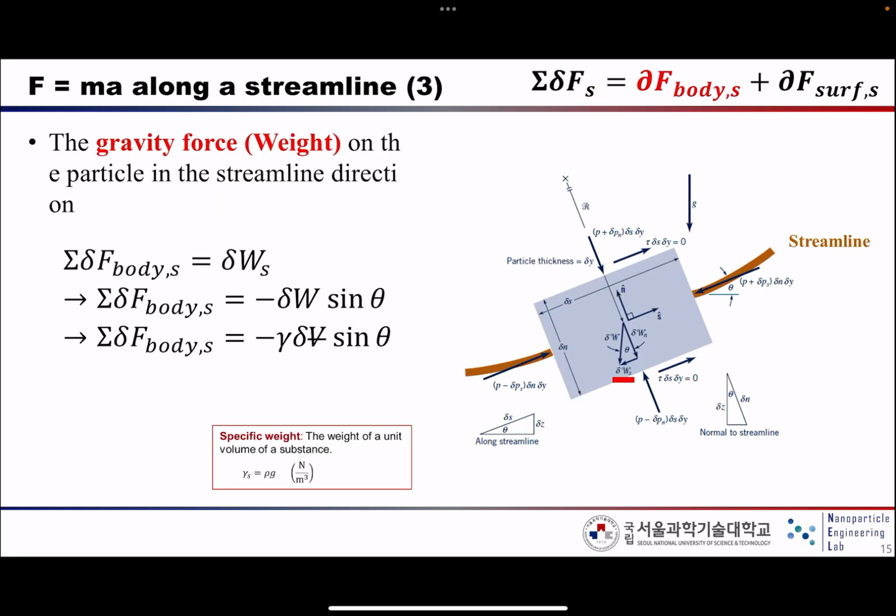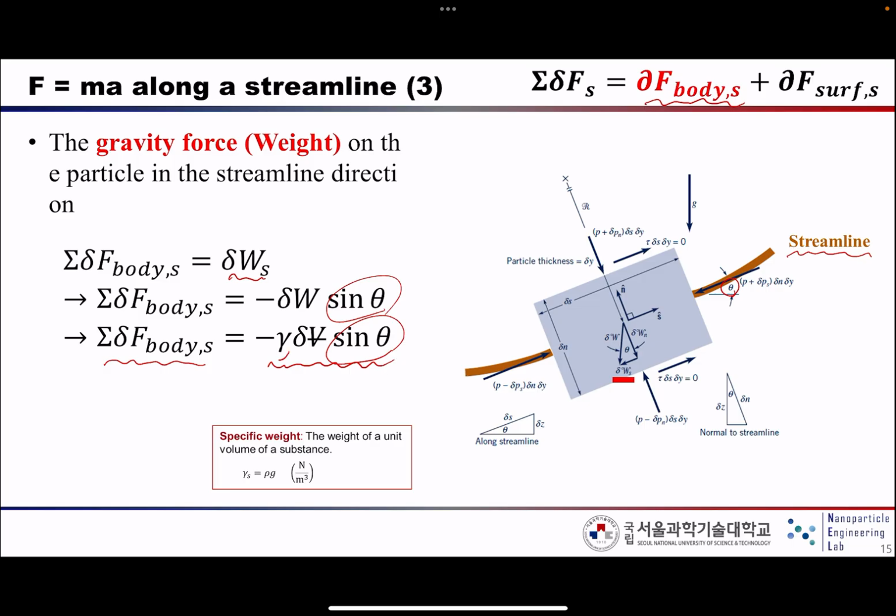For the body part, we simply use the weight. Because this is tilted relative to the xy direction and we are using the streamline coordinate system, to compensate between these two coordinate systems we use the angle theta, the sine theta. So for the body force in a streamline, we can write it like this.